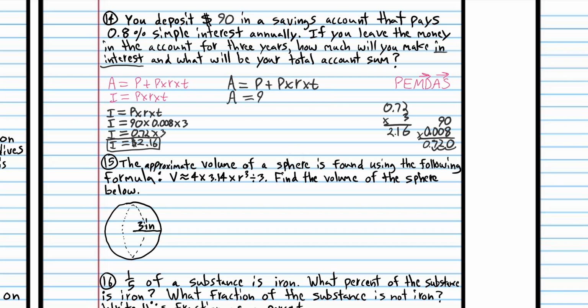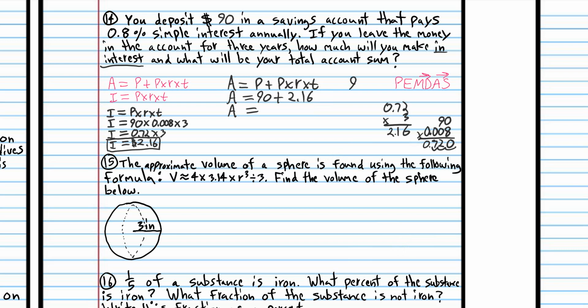P is 90, and we're just going to add it to what we already calculated, which is 2.16, because we already calculated the P times R times T. That was the interest. So now all we're doing is taking the money that we deposited, and adding the interest to figure out our total bank account sum.